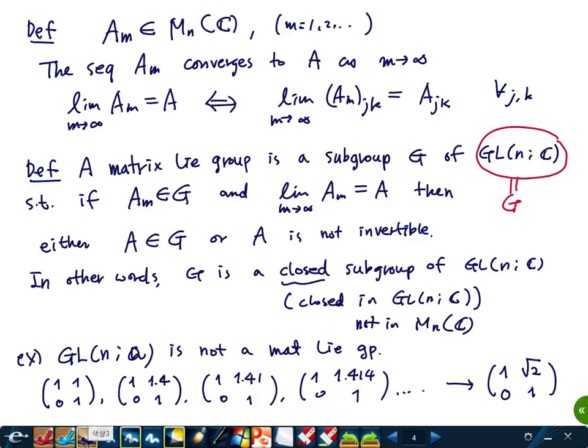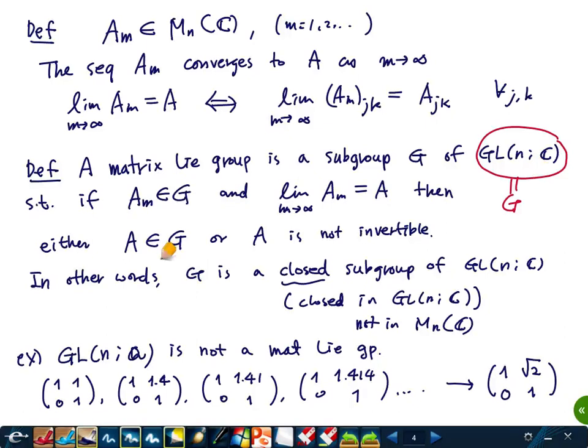You can find something outside. But actually, this condition is satisfied trivially, because if the limit is not there, what does that mean? It's outside of this group, but this is the set of invertible matrices. So it's outside, so it's not invertible. So this condition is trivially satisfied. So this is indeed a matrix Lie group.